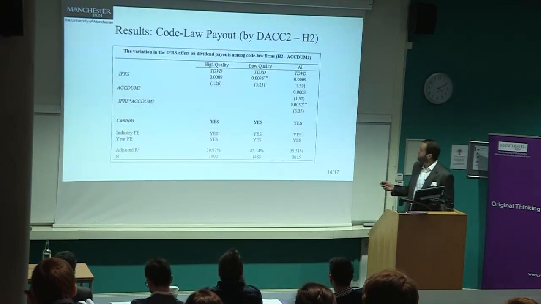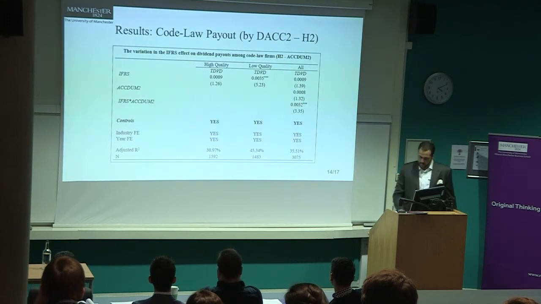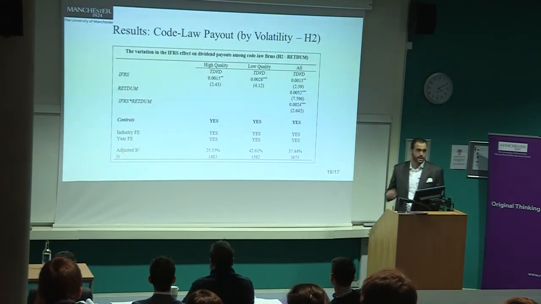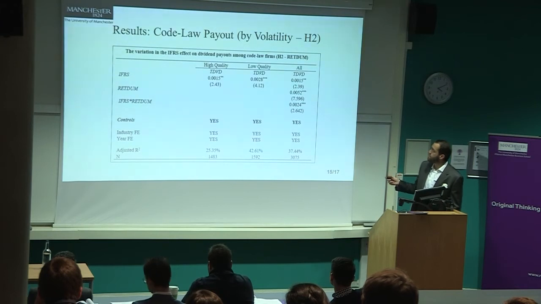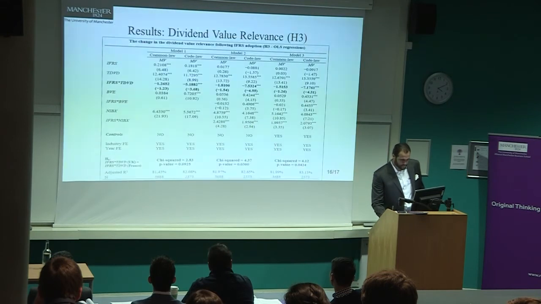The same applies for the second criterion, where we have a significant difference-in-differences, and the same for the volatility of daily stock returns. So the 3 criteria retrieve consistent results.